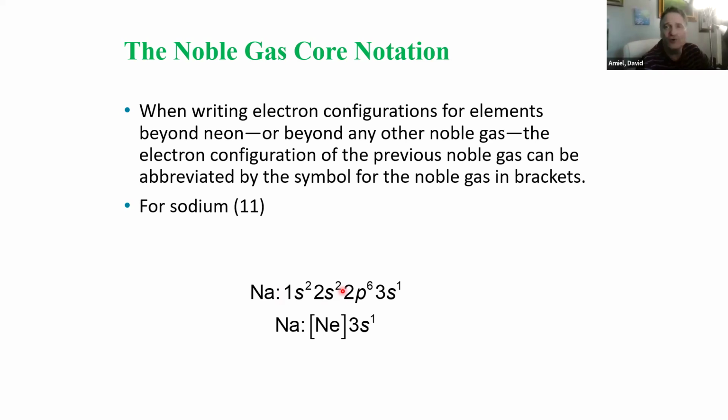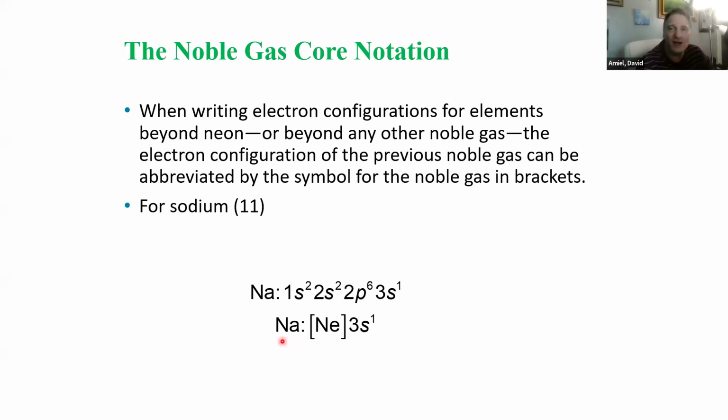A shorthand notation for writing electronic configurations is called the noble gas notation, in which you put in brackets the noble gas that's before it. So 1s2, 2s2, 2p6 is just neon.